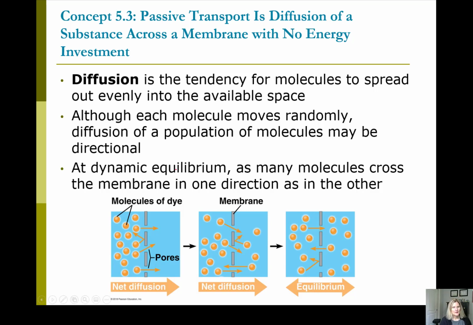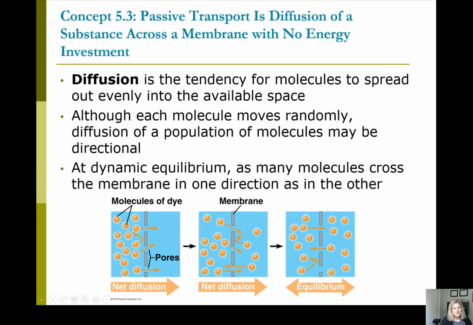Even though it's random, it tends to go in one direction from high concentration to low concentration. So if we have a lot on one side, even though they're moving in random directions, they're going to spread out towards the low concentration side until the whole thing is more equalized.